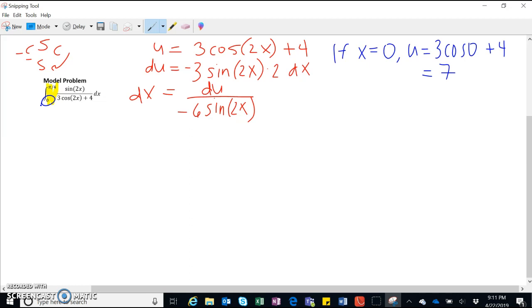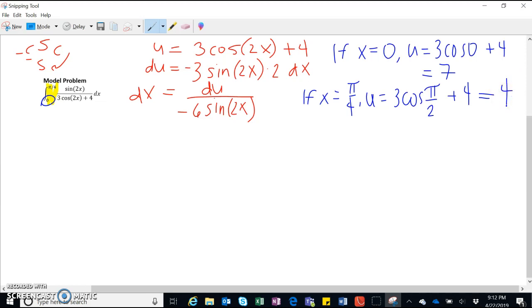I'm going to do the same thing for the top. So let's see. If x is pi over 4, that means u is 3 cosine of pi over 2, because 2 pi over 4 gets me to pi over 2, plus 4. Again, with some unit circle considerations, cosine of pi over 2 is 0. 0 times 3 is 0, so all I get here is a bound of 4.